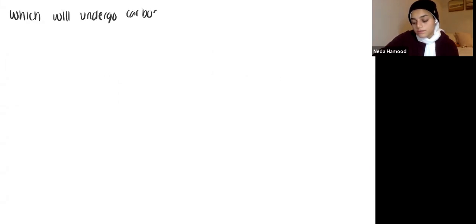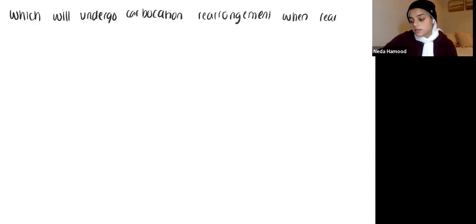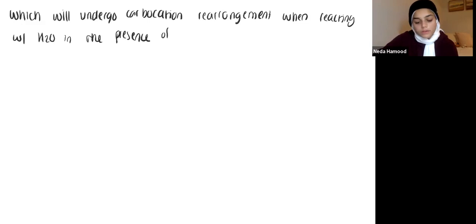So let's do: which of the following alkenes will undergo carbocation rearrangement when reacting with H2O in the presence of a small amount of H2SO4.